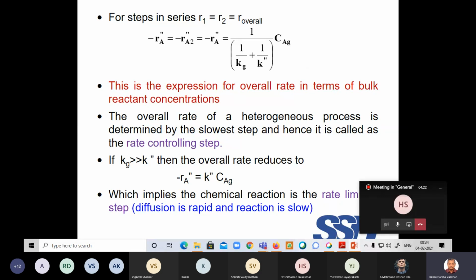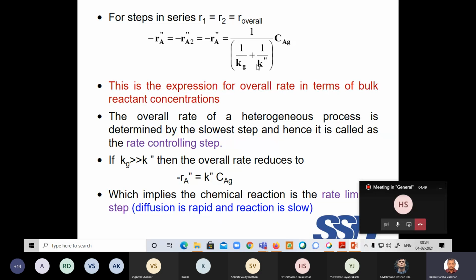So last class we were discussing this equation, right? The rate is in terms of the two resistances, right? One is the mass transfer, diffusion controlling resistance.